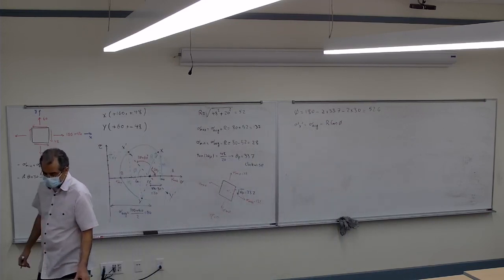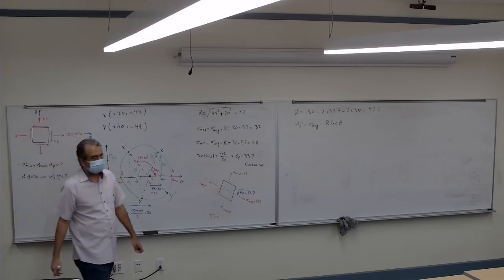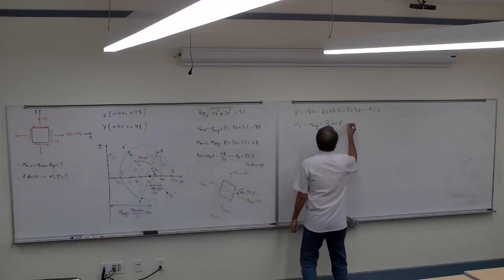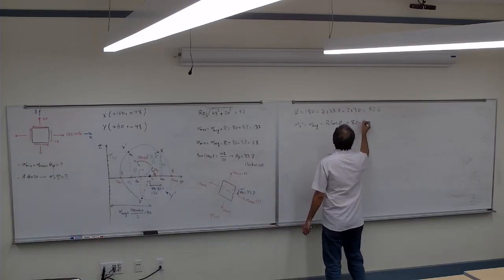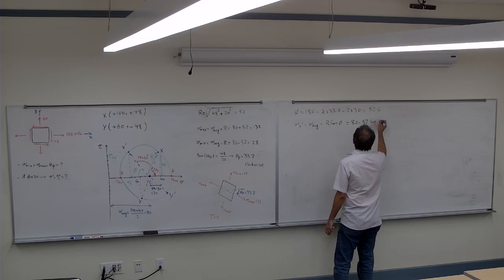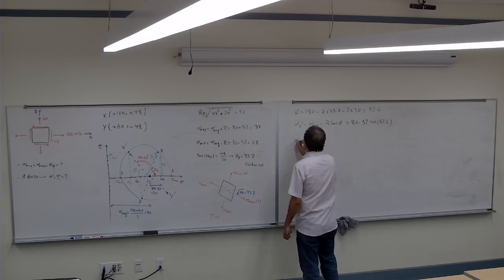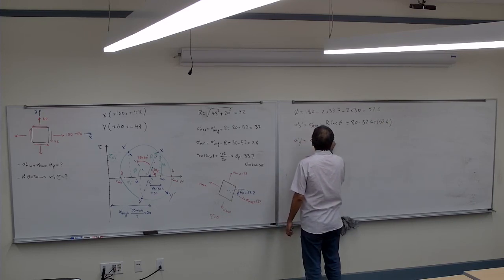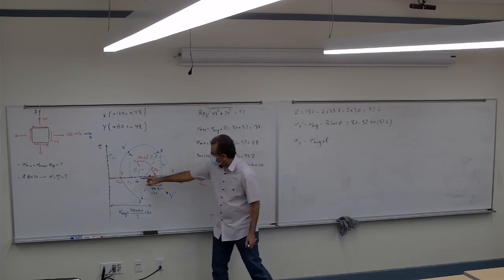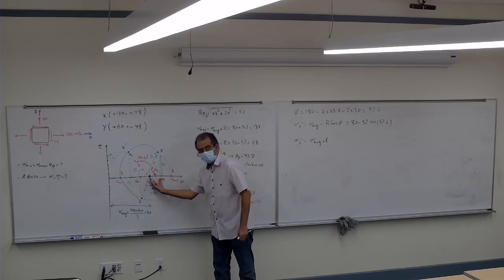It's going to be 80 minus 52 cosine 52.6.